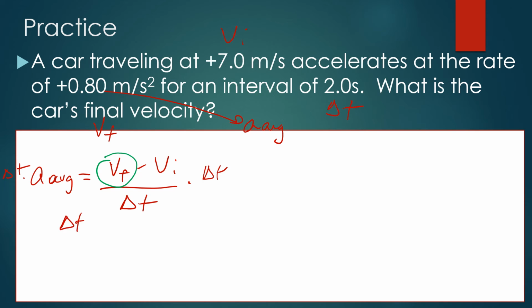I'm writing this one out because I want to make sure that we're all aware of what it is I'm doing here. So I want to get this by itself, so I need to add the initial velocity to both sides, so I can get rid of it on the right side.